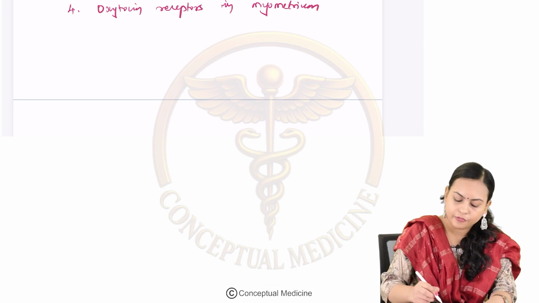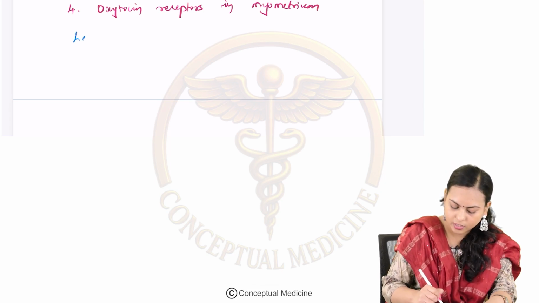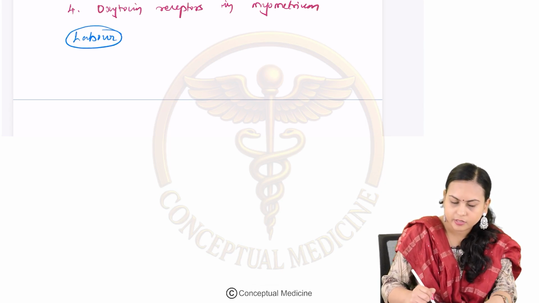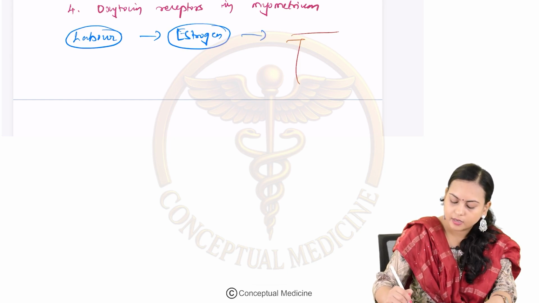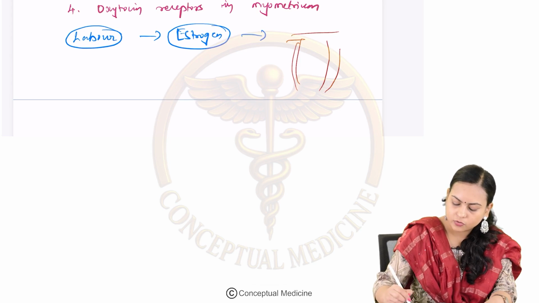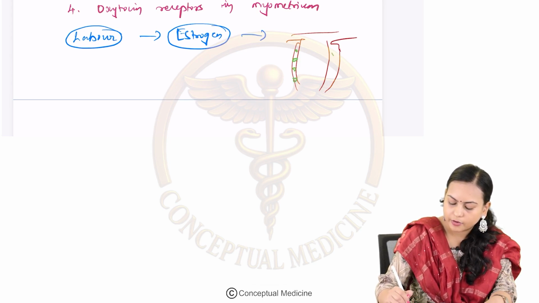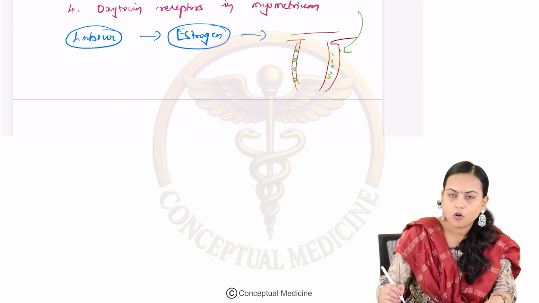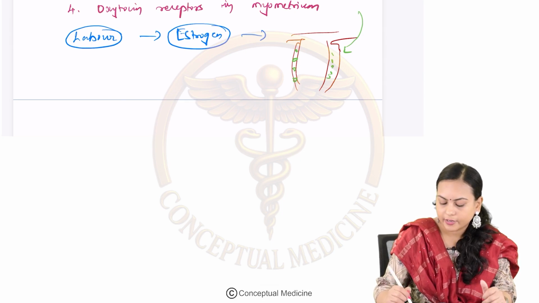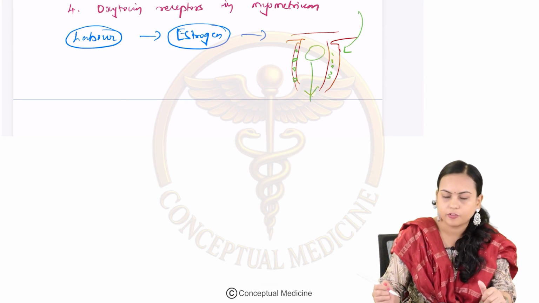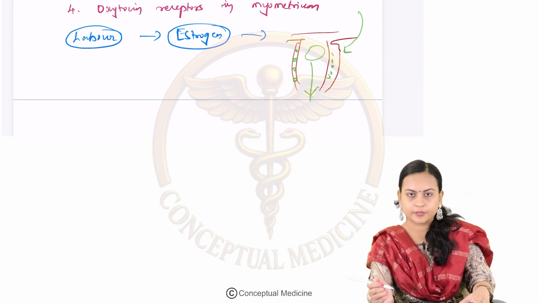Especially before labor, the first hormone going to increase is estrogen, and this is going to increase the number of oxytocin receptors in the myometrium. Then oxytocin is going to act via these receptors and uterine contraction is brought about, which is helpful in expelling the fetus.